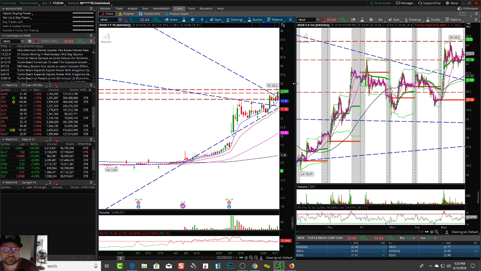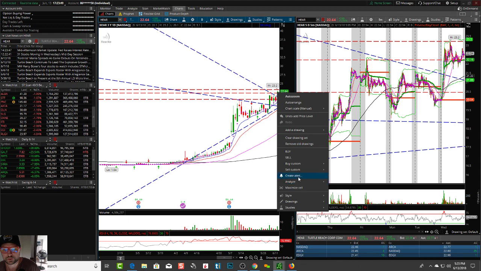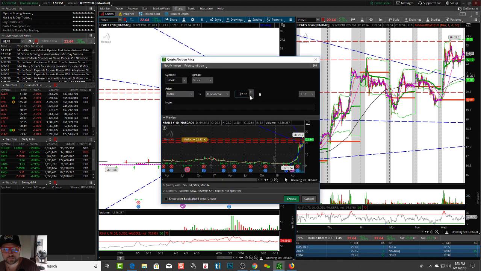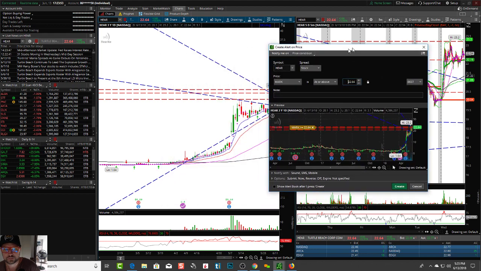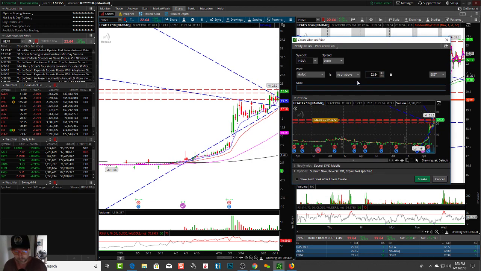So let's see, 22.64. If pullback on bull flag holds, it may continue.